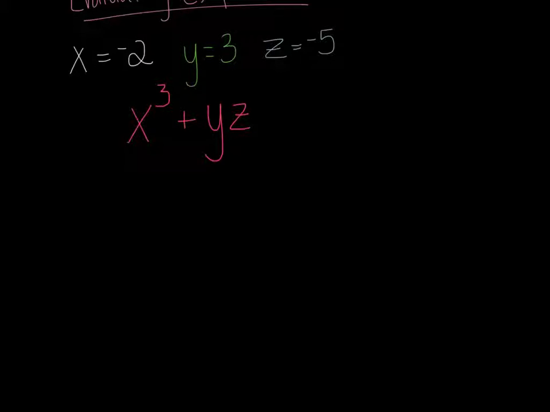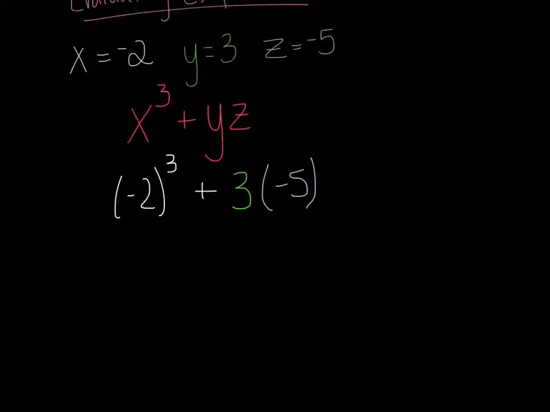Alright, let's look at one final example here. We have x cubed plus y times z. So what we need to do for this one is start by substituting in what we know. So instead of x, we put -2, and I'm going to cube that. Plus, instead of y, I'm using 3, and instead of z, I'm using -5.